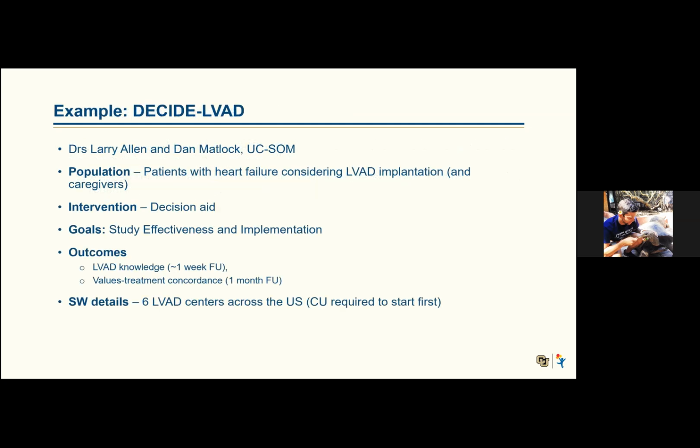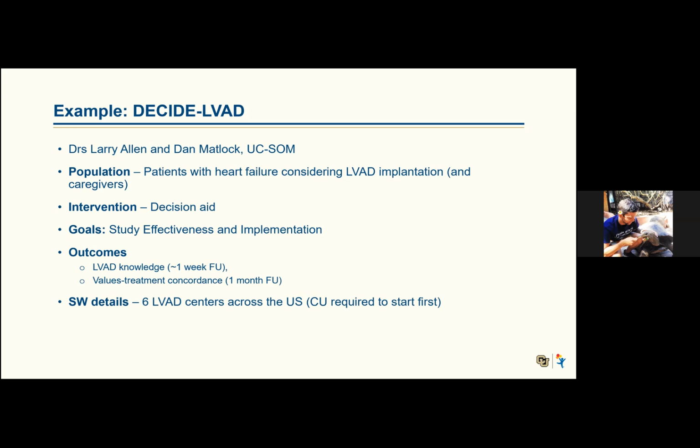So going to our example, this is a trial done by Drs. Larry Allen and Dan Matlock here at the University of Colorado. The intervention is a decision aid for having an LVAD, which is a left ventricular assist device implementation, for patients with heart failure.